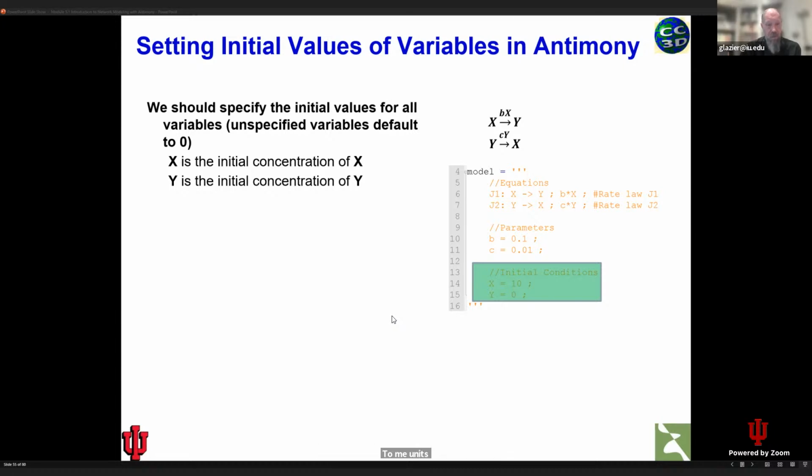But when you're actually modeling things, it's critical to annotate units. Antimony will default to variables having initial values of 0. That's dangerous. You should always declare the initial values of every variable. You do that simply: b equals 0.1, semicolon, x equals 10, semicolon.